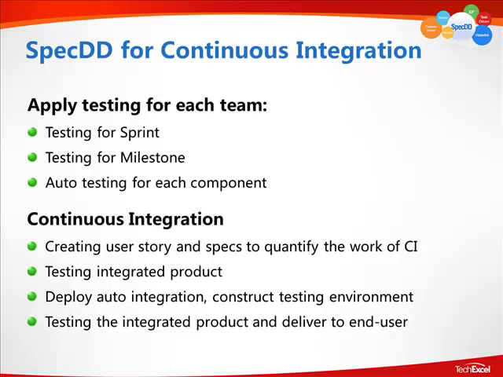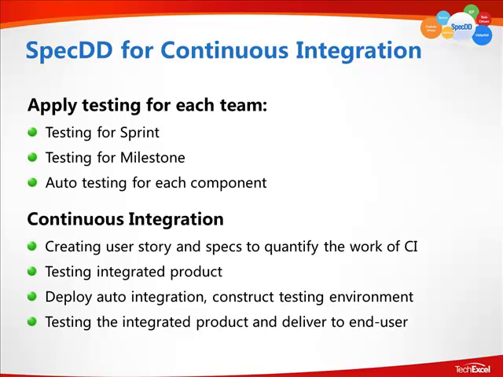And finally, the last piece of the continuous integration is simply testing the final integrated product through the delivery to the end user. This is usually incorporated into the sprint review, where you have your working software, where all of the features and functions and defects across multiple teams have already been integrated.